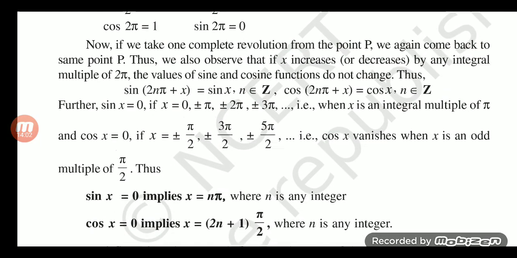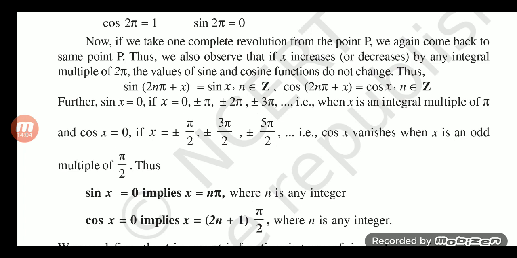So thus, further, what we understand is sine x is equal to 0 if x is equal to 0, plus or minus pi, plus or minus 2 pi, plus or minus 3 pi, and so on till infinity, right?